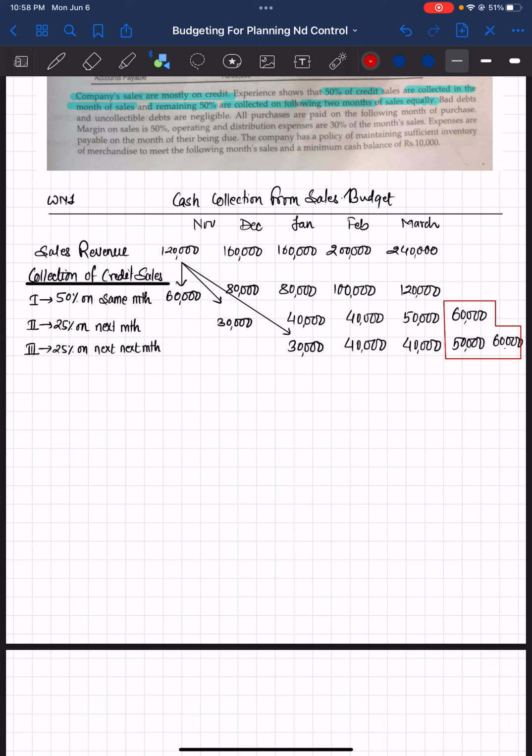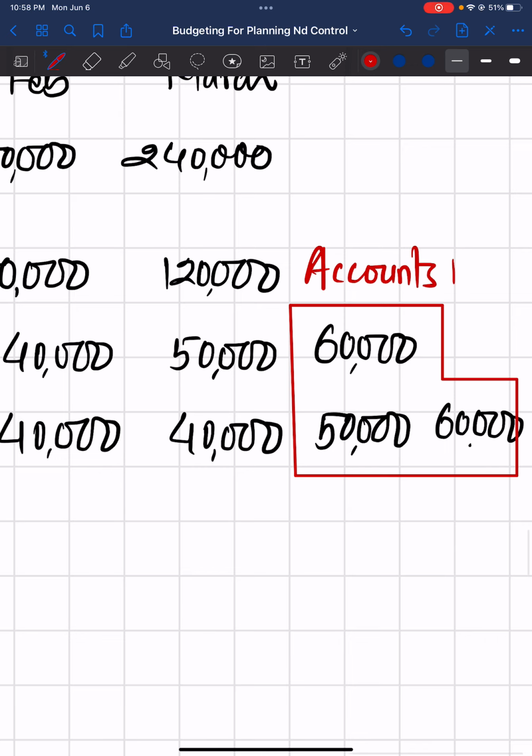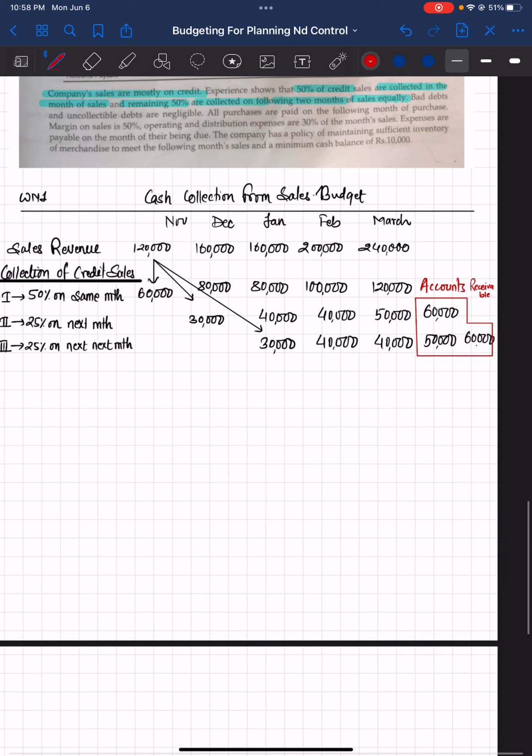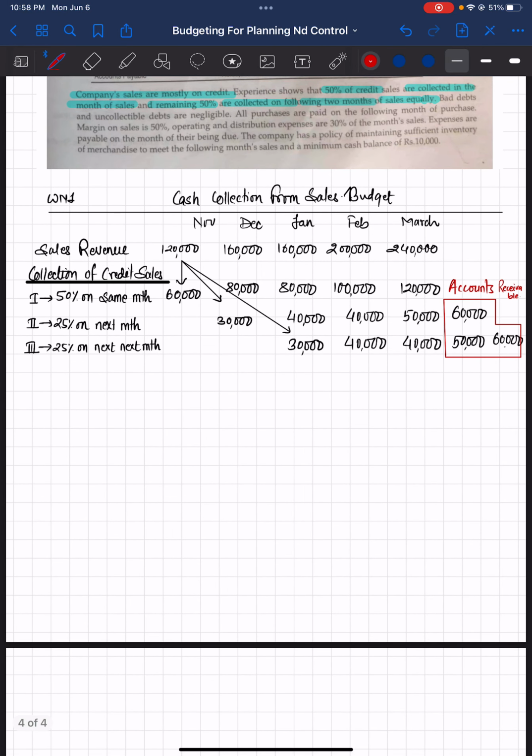So if you see this amount, which shows the amount of sales to be collected after the month of March, we show it as accounts receivable. All right. Accounts receivable. All right.